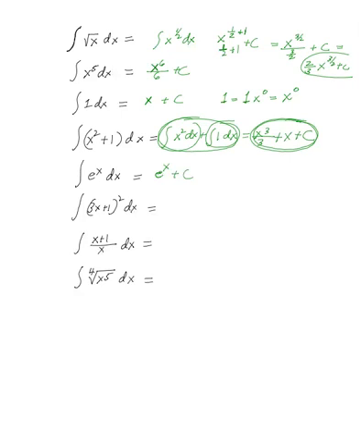They tell me that the antiderivative of x to the n is x to the n plus 1 over n plus 1. But they don't tell me on that table of antiderivatives in section 5.4 what to do about f of x to the n. Don't make this rule say more than it does.